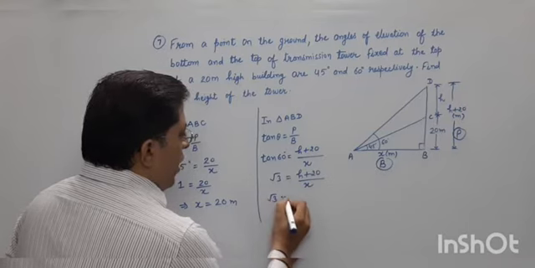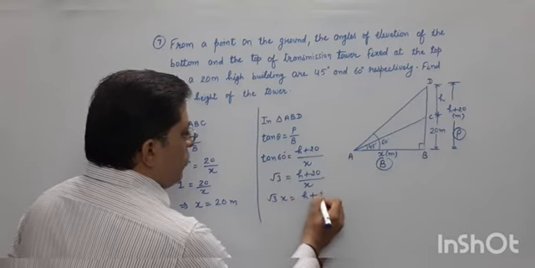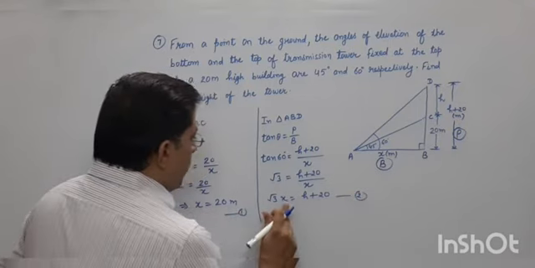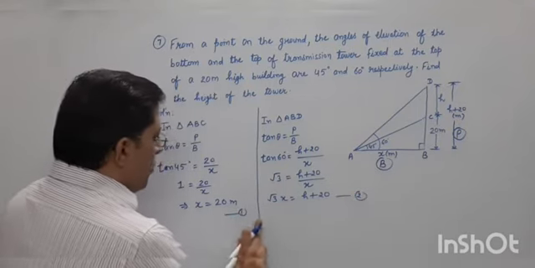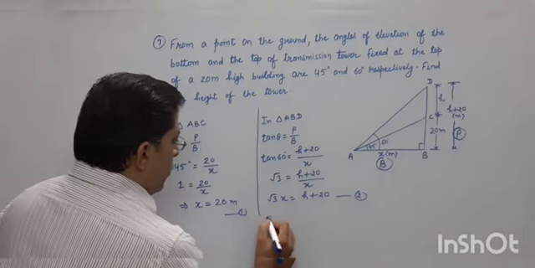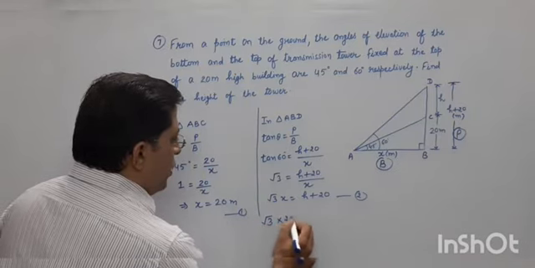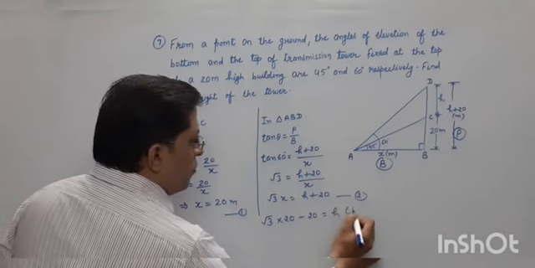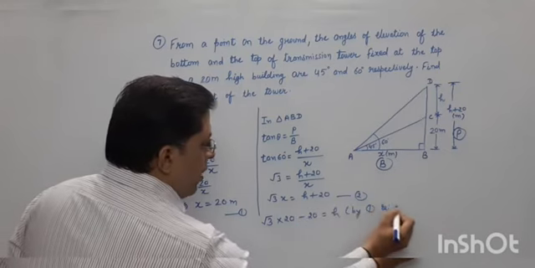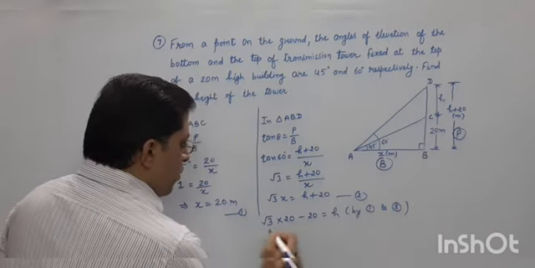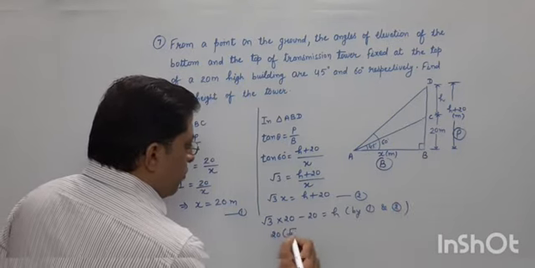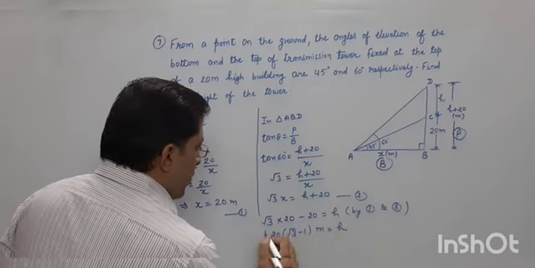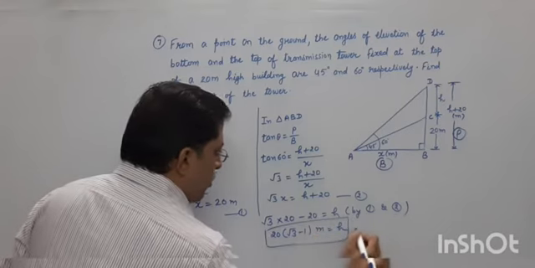So root 3 x is equal to h plus 20. This is equation 1 and 2. Now I am putting the value of x here. So root 3 into 20 minus 20 is equal to h. This is by 1 and 2. 20 is common. What will be inside? Root 3 minus 1 meter. This is h and this is your answer.